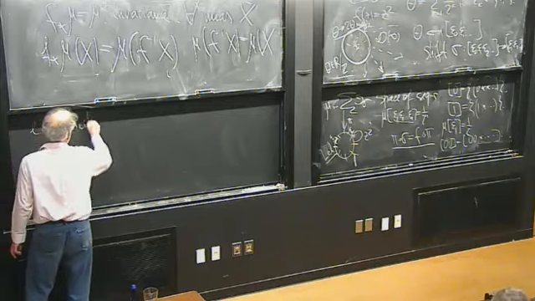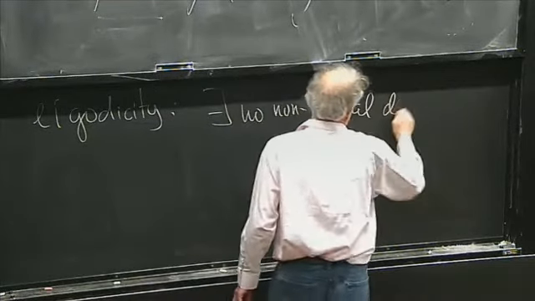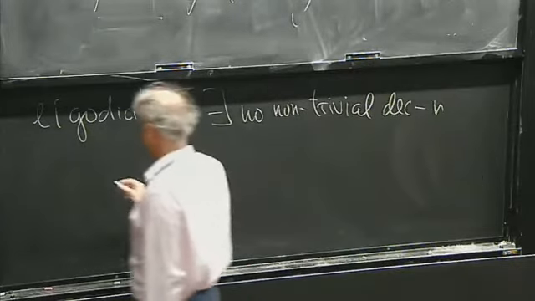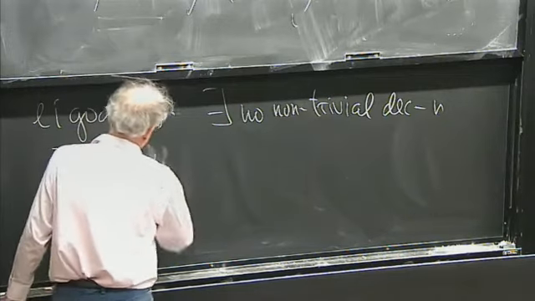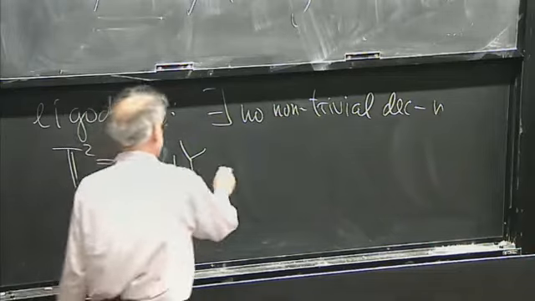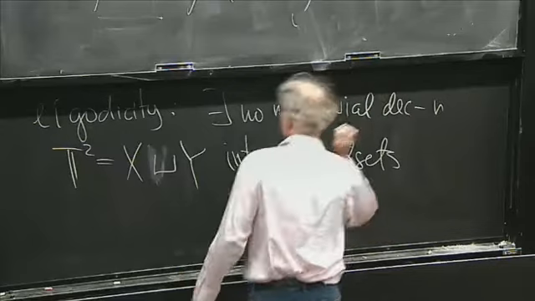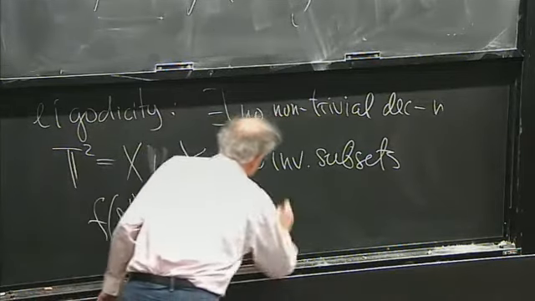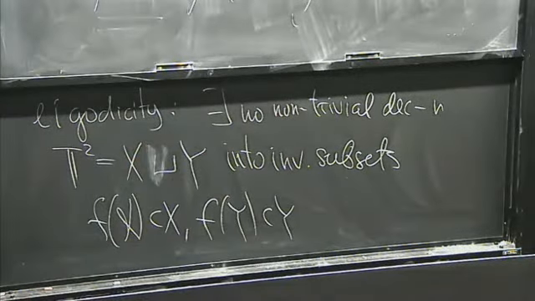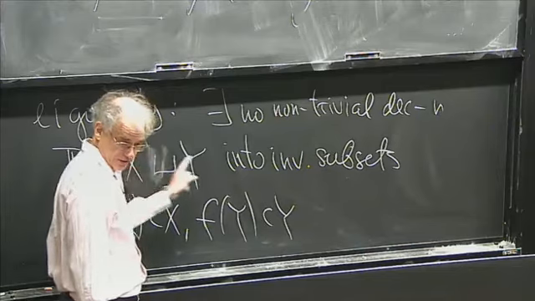Ergodicity means that there is no non-trivial decomposition of our phase space, which is the circle in this case, but the definition is of course general, into invariant subsets X and Y. It means that f of X is contained in X, f of Y is contained in Y. And non-trivial means that both sets have positive measure.